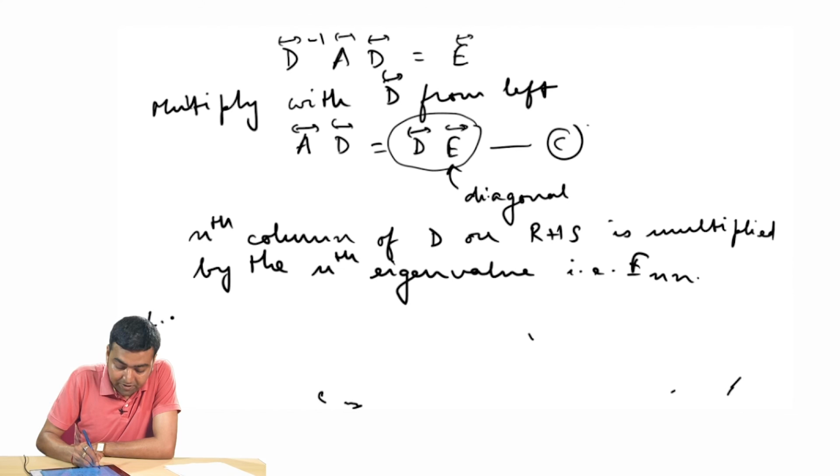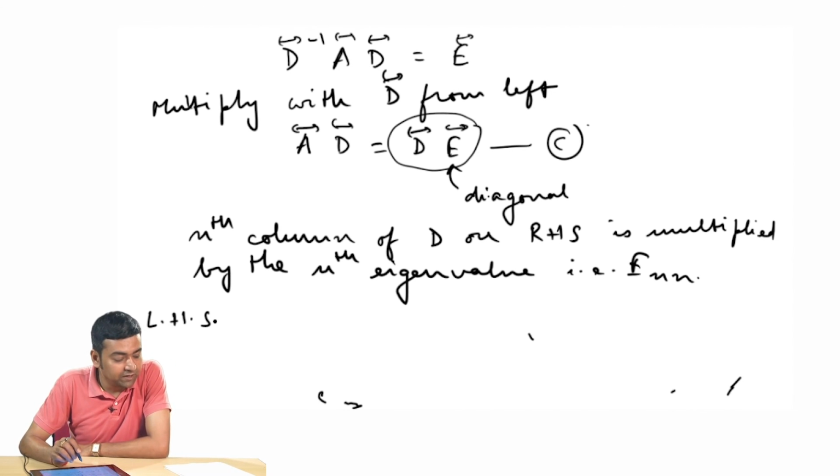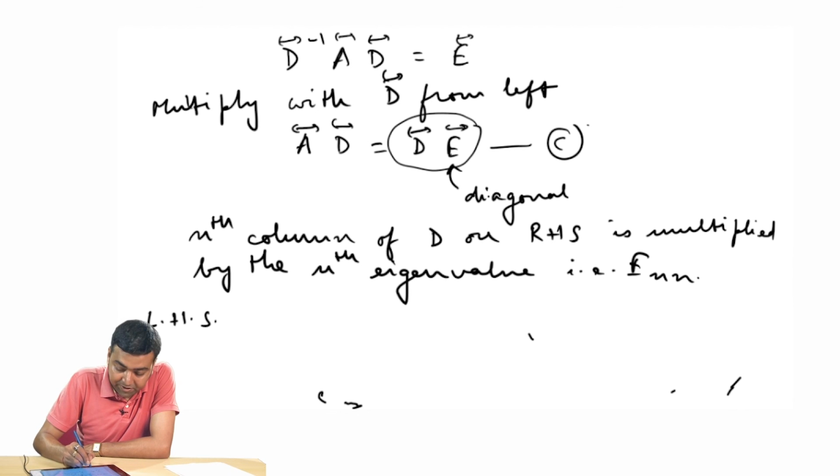On the left hand side, we have the multiplication of A with the nth column of D. So we have A D n equal to E n n D n.